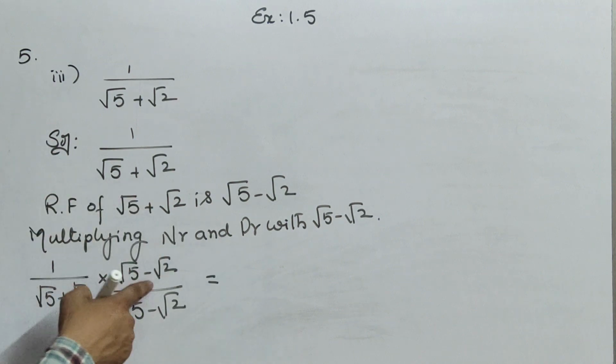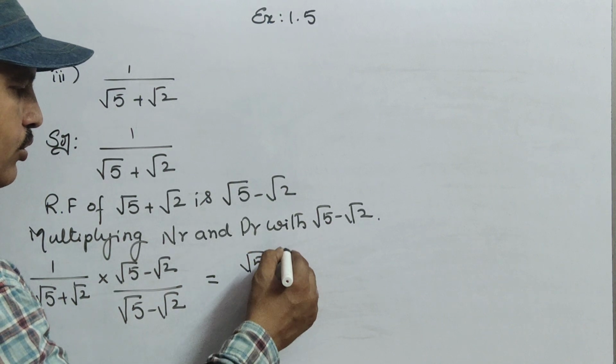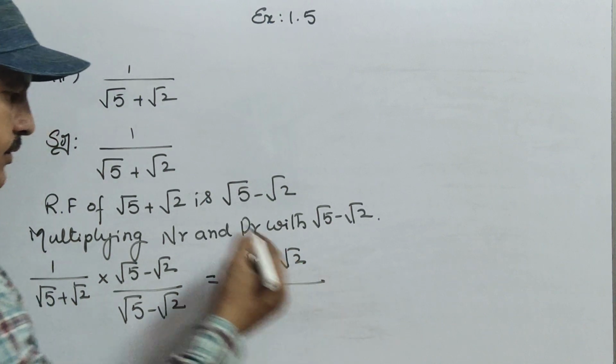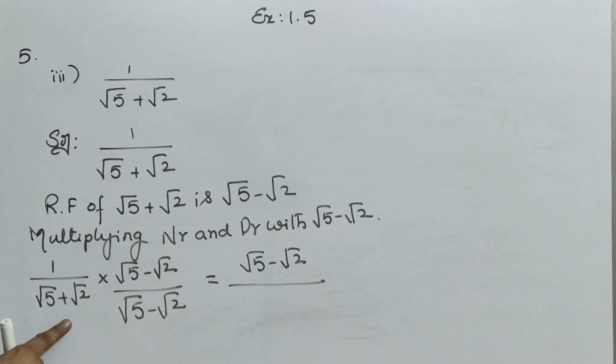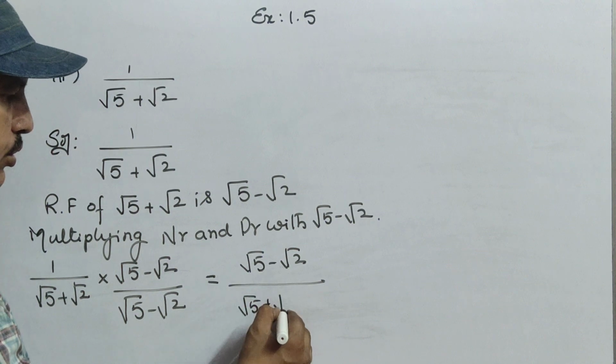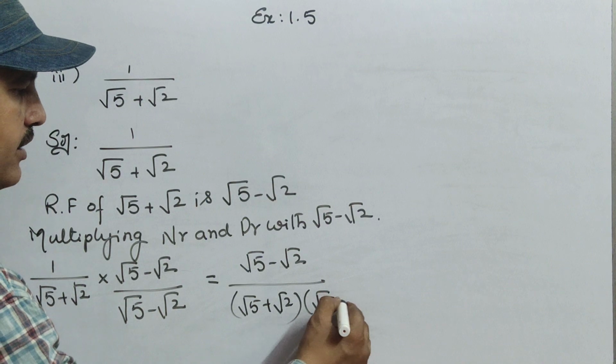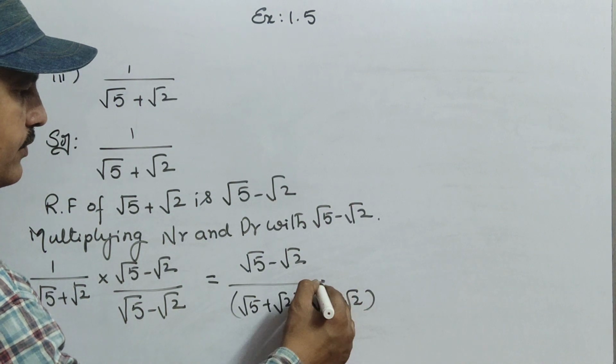So 1 into root 5 minus root 2 is the same. Root 5 minus root 2 by root 5 plus root 2 into root 5 minus root 2.